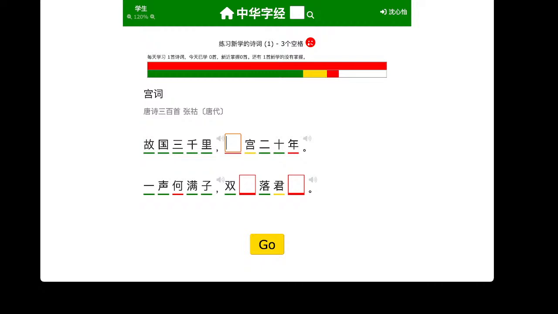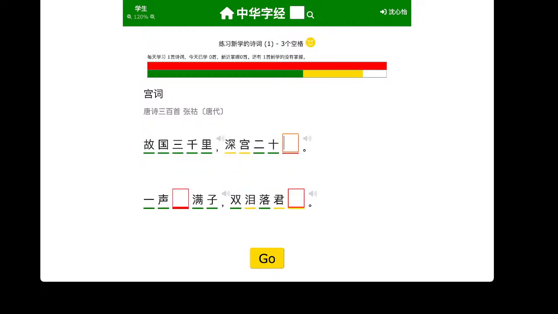What? 双泪落军前，深宫20年，一生何满子。 Yeah, I forgot that again. What? 双泪落军前。 What is? 深宫20年。 Yeah, I really did not learn this properly.